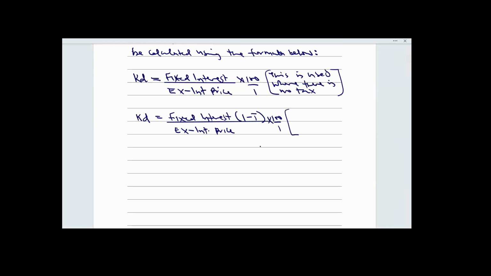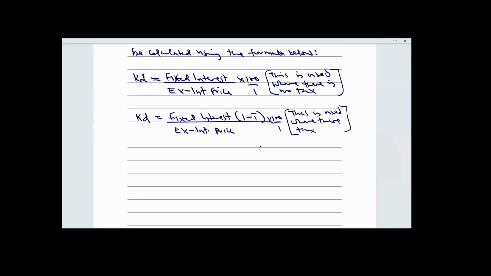So you use this formula where there is tax. See the difference between the two.